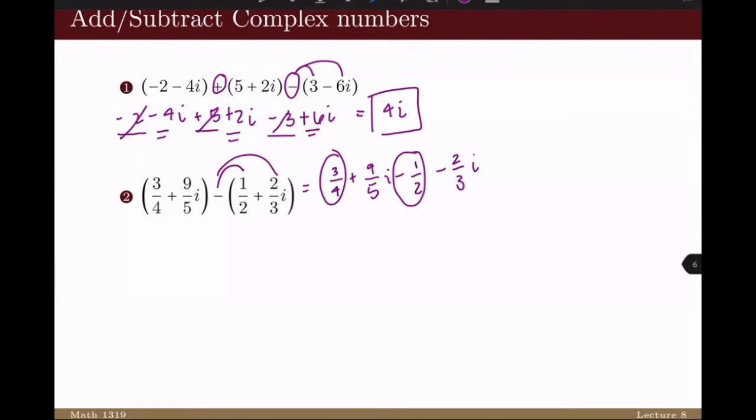So remember, we always need to find a least common denominator. So when we're doing 3/4 minus a half, our least common denominator is going to be 4. So 1/2 multiplied by 2 over 2 is going to equal 2 over 4. So that means I'll have 3 over 4 minus 2 over 4, which is 1 over 4.